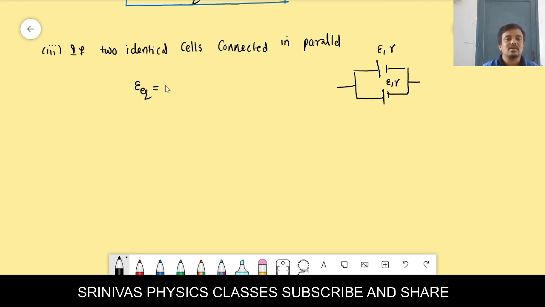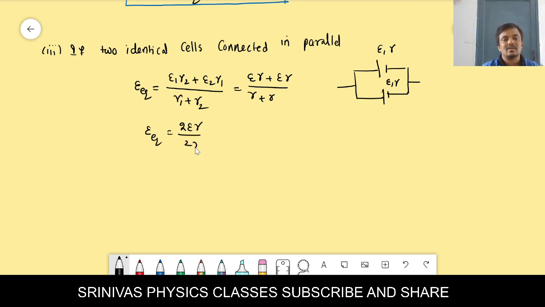Total EMF: we have a formula, E1 R2 plus E2 R1 by R1 plus R2, that we derived. Then E1 is E, R2 is R, E2 is E, R1 is R. All are identical. R1 plus R2 is R plus R. What are you getting here for E equivalent? 2ER by 2R. Then this will cancel. Then E equivalent is E, that is equal to the EMF of one cell.